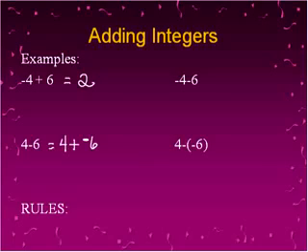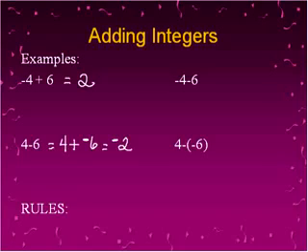So we have opposite signs, one positive, one negative, and we again subtract. 6 is larger and it's negative, so our answer is negative. You can think of temperature or a number line again: if you have 4 degrees and you subtract 6, you're going to be in the negatives. And I definitely would not want to be anywhere near a place that is at negative 2 degrees. Still enjoying summer. So we get negative 2.